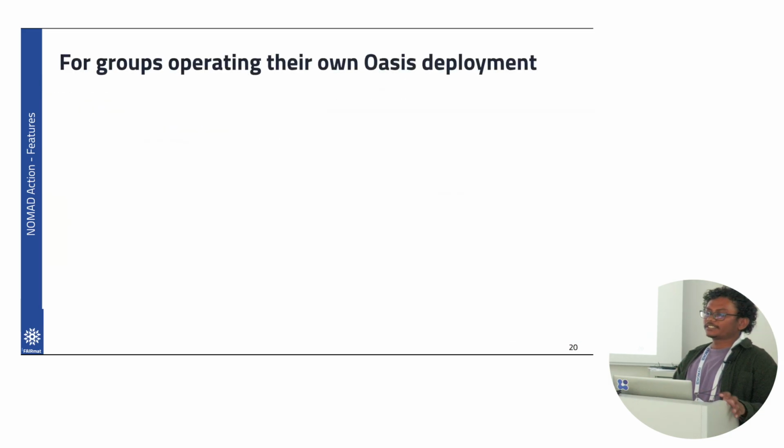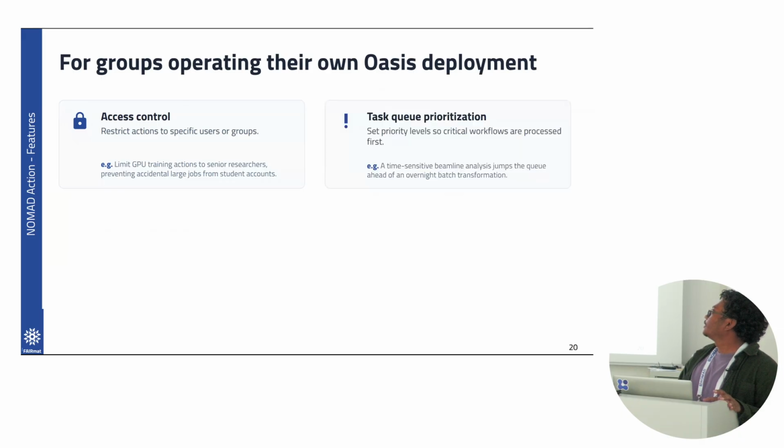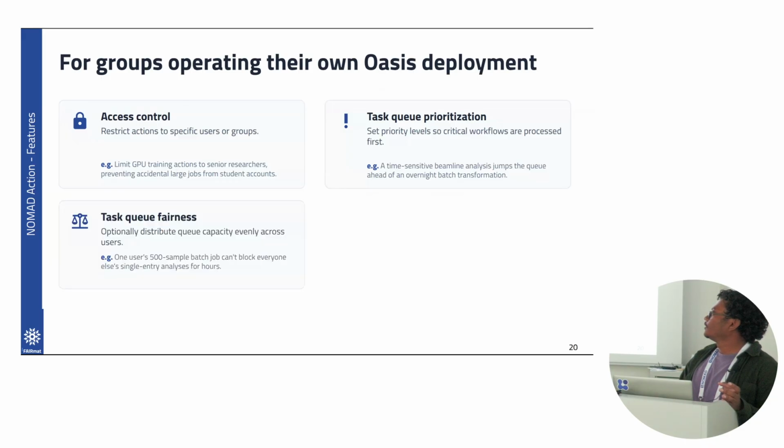There are some additional features for groups operating their own Oasis deployment. For example, you can restrict certain actions to a particular set of users or groups. There's task queue prioritization, so that certain workflows can come before others. Fairness, so that one user running 1,000 workflows doesn't hog the entire queue.